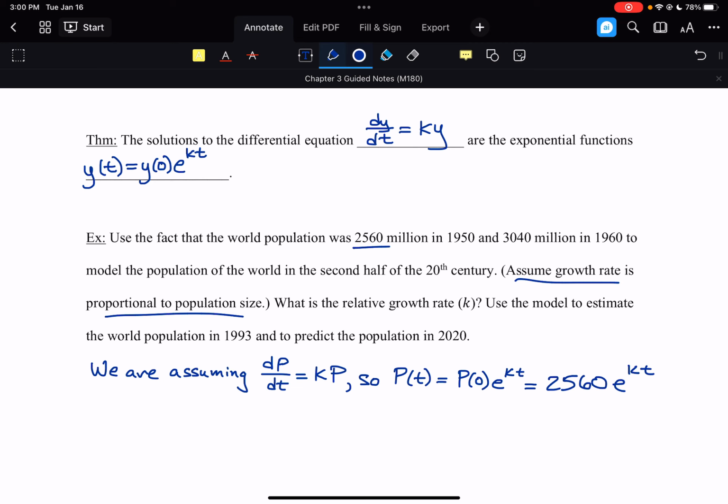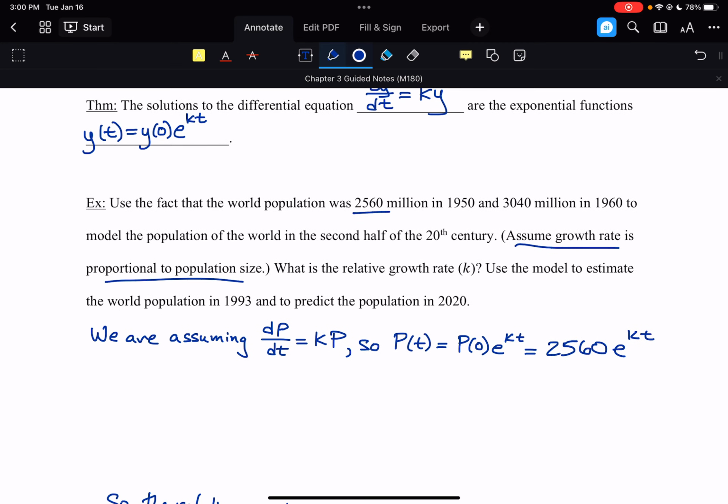And our first job is to solve for k. So we need to use the only other information that we have in this problem, and that is in 1960, the population was 3,040 million. So that means population not of 1960, but in the years between 1950 and 1960.